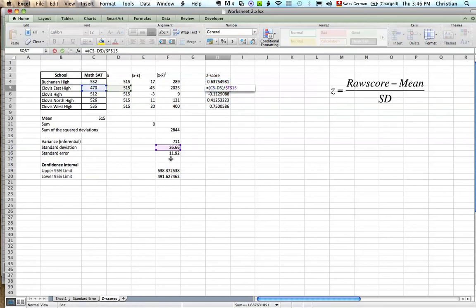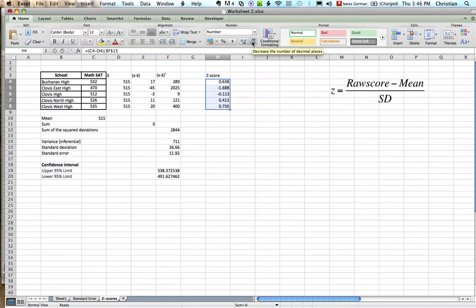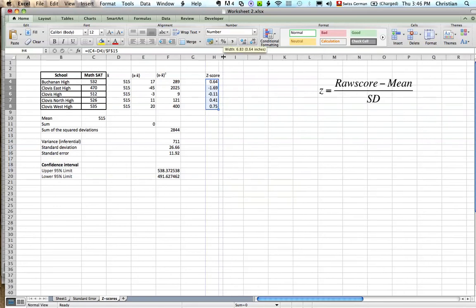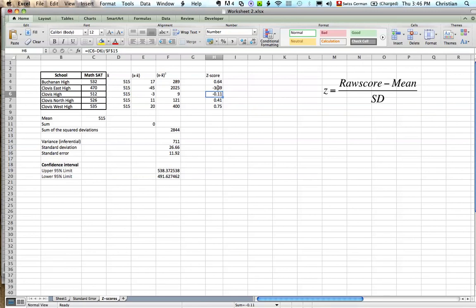The distance divided by 26 is 1.68. Alright, now to make this a little bit easier to look at, we're going to reduce it to 2 decimals. And now you can see, for example, that this should be 0.75, right?